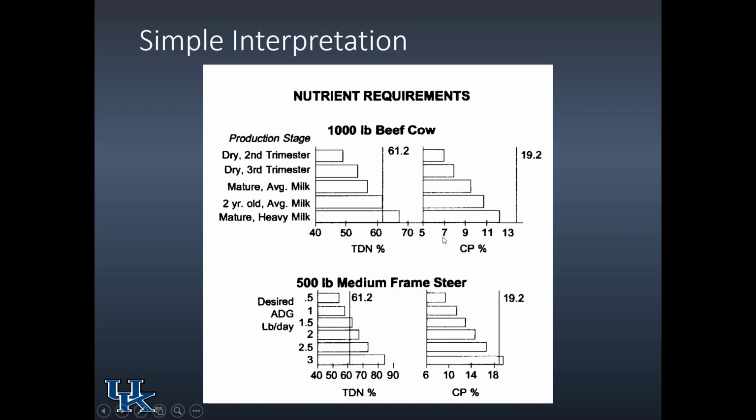Now I graphed an alfalfa sample for this example, and that had 19.2% crude protein, 61.2% TDN, which is a pretty good sample of alfalfa hay. And you can see that dry cows only needed about 7% crude protein in their diet, up to about 12 for this mature heavy milking cow. This alfalfa sample greatly exceeded that.